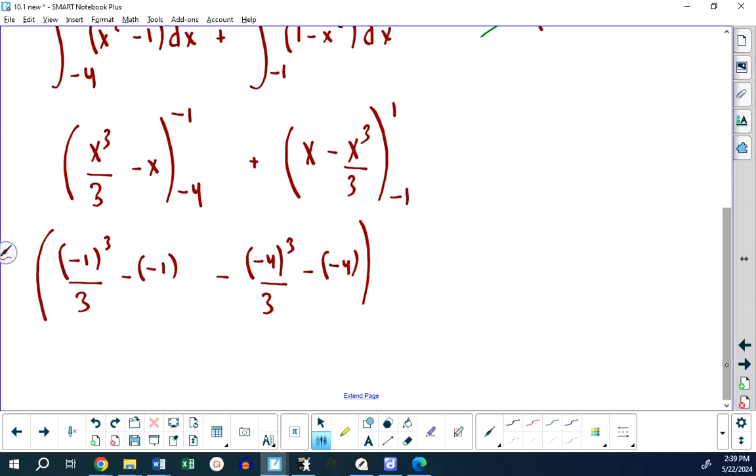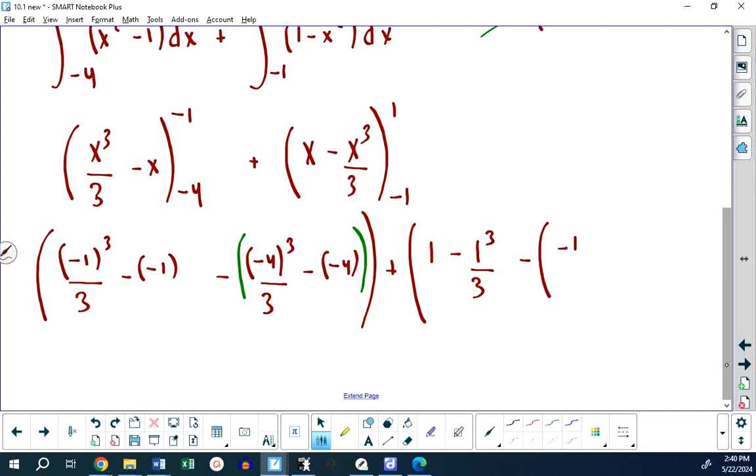And then we have to add, and I need another set of brackets around that. And then we have to add 1 minus 1 cubed over 3 minus negative 1 minus negative 1 cubed over 3.